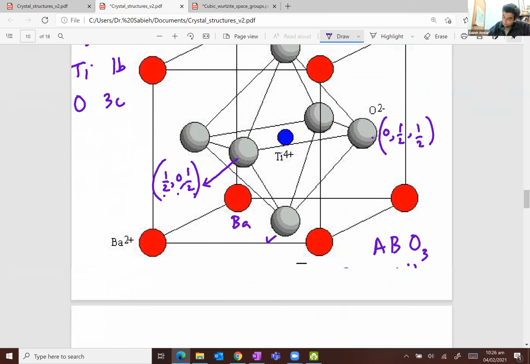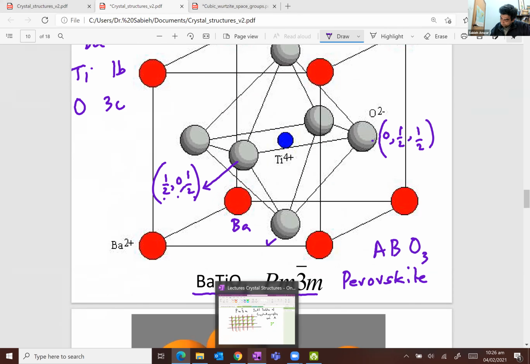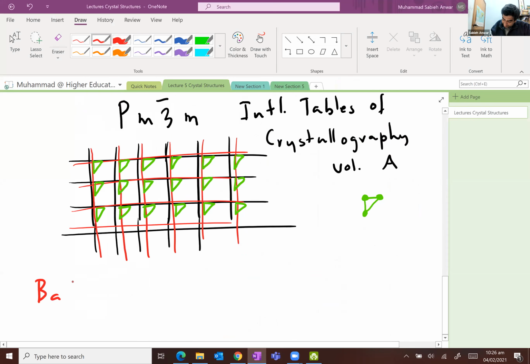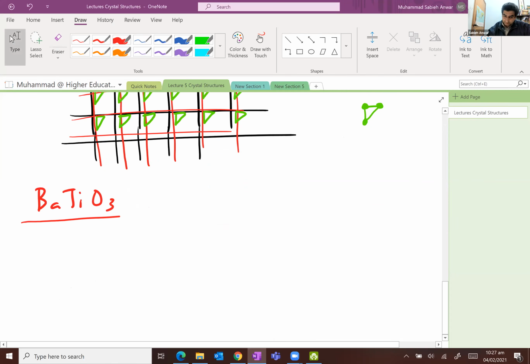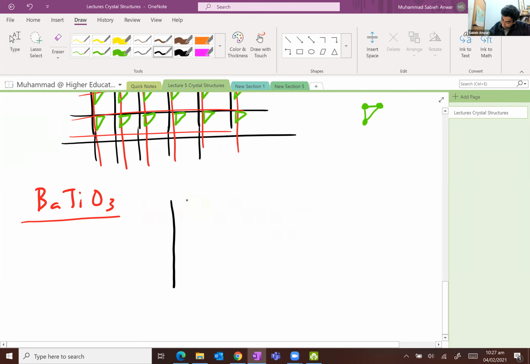Let's move back to the OneNote, talking about barium titanate now. It's cubic, so I'm just looking down the z-axis. I'm looking at the z projection.